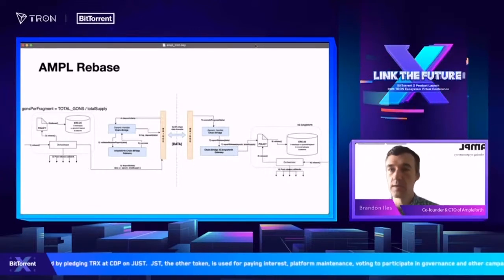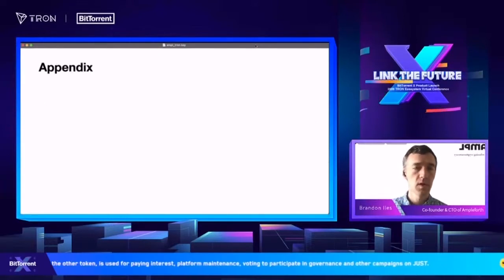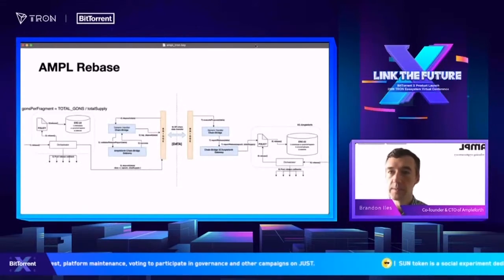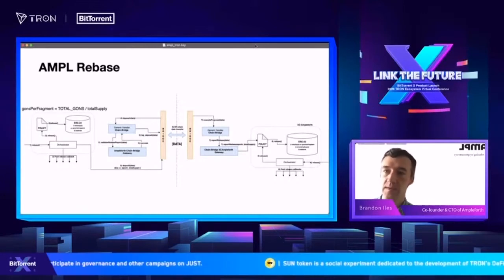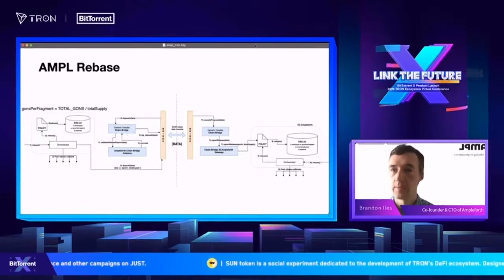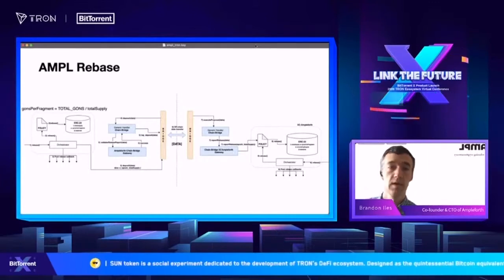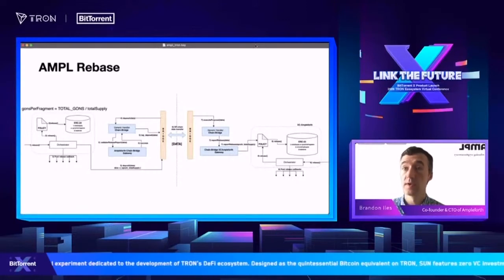Right, so we have that on Ethereum, and then we also have that on Tron. So there you go. I think that's a pretty high-level view of the project and how it works with Tron. We're really excited to make this happen and bring AMPL to all the Tron users as quickly as we can. We're hoping to have that ready to go in early Q1 of this year.